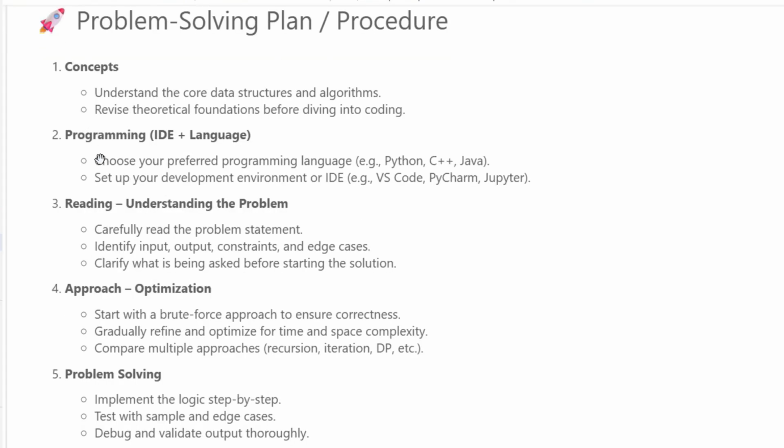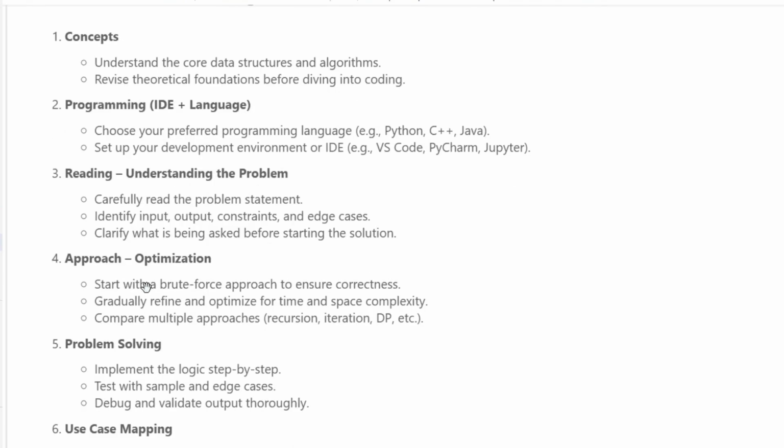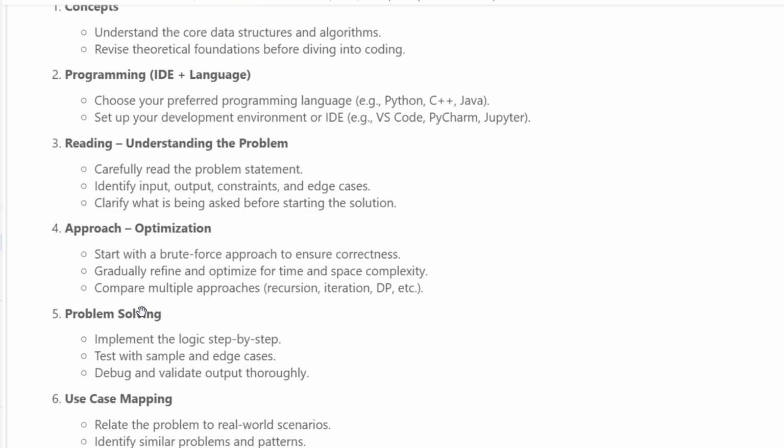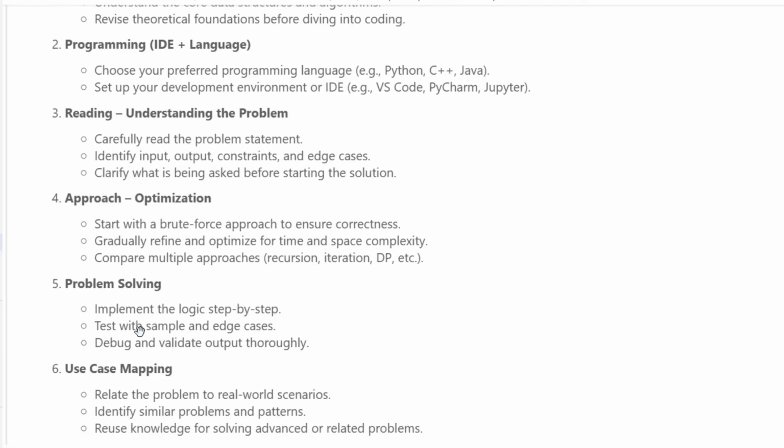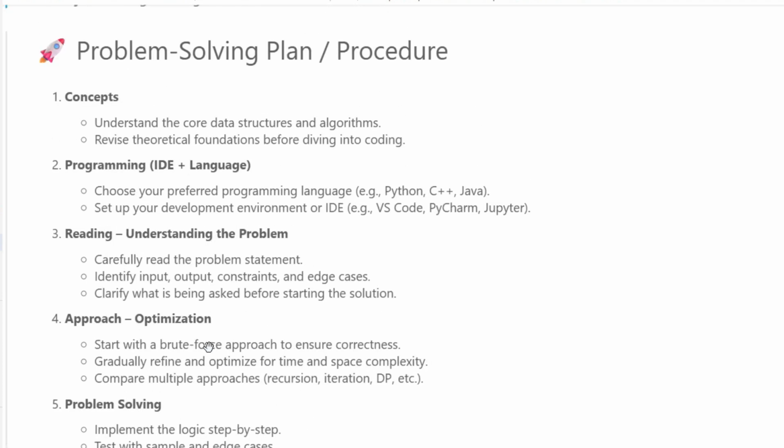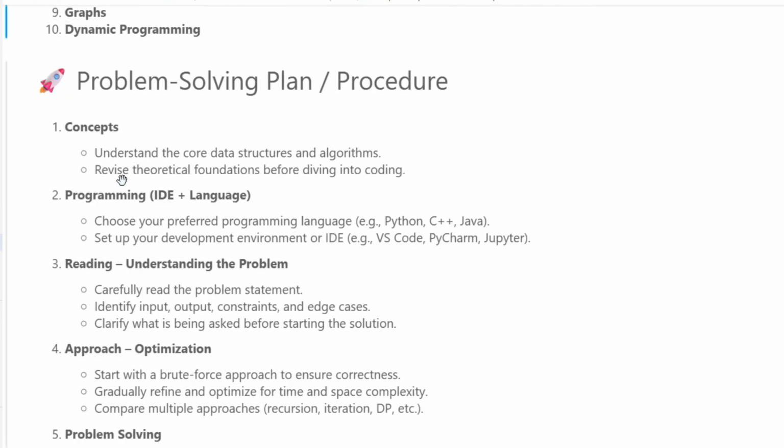Step 2, programming, that is IDE and language. Third, reading, understanding and digesting the problem. Fourth, approach or optimization. Fifth, the problem solving mindset, and the sixth is use case mapping to real world scenarios. These six steps help us move through DSA LeetCode problem solving.